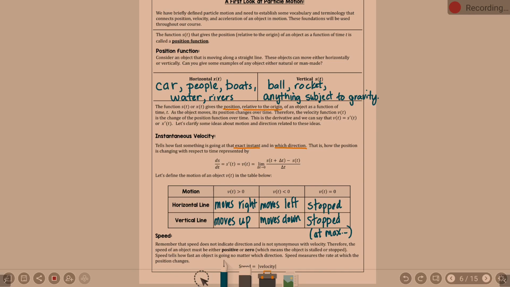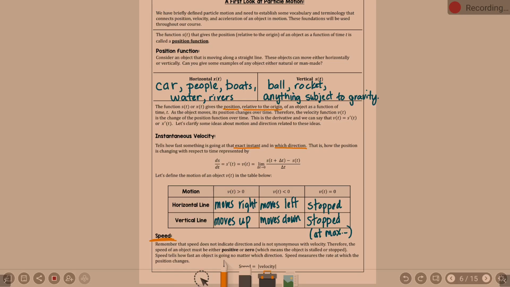Real quick, speed. I may have to talk about this a little bit tomorrow, or it will come up, I'm sure. Got to remember speed: speed does not indicate direction, and it is not the same as velocity. I still can't wrap my brain around that every day. You're going to do better than me because you've had physics recently. Therefore, the speed of an object must either be positive or 0, which means the object is stalled or stopped.